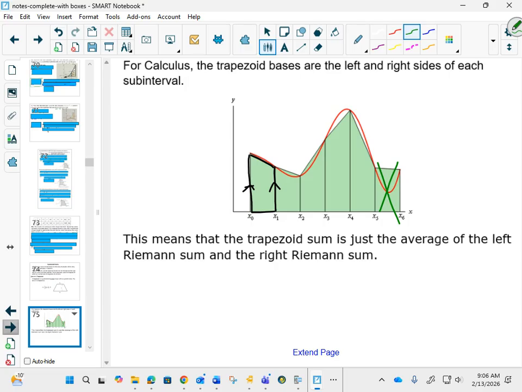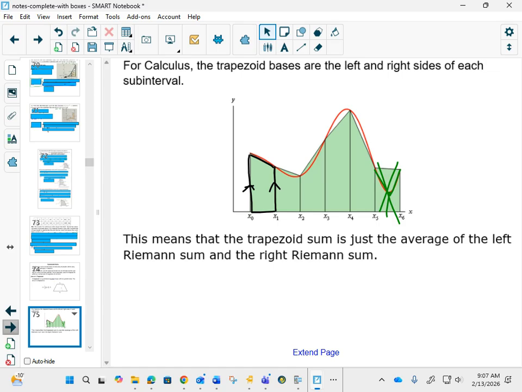But if you made your subintervals smaller, you will always get bad estimates when your subintervals are wider, and better the more narrow you get. As soon as I split this one in half, I'm like, oh my goodness, I've got really good estimates. So this idea of using trapezoids could make things better.